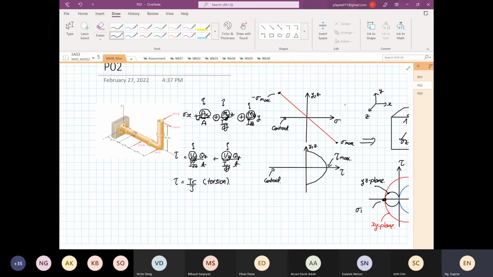So for the next 2 weeks, we are going to focus on this area. There are 3 things that we are going to design as mechanical engineers.